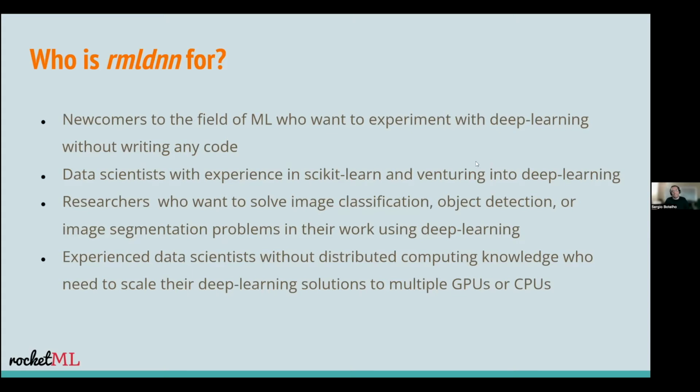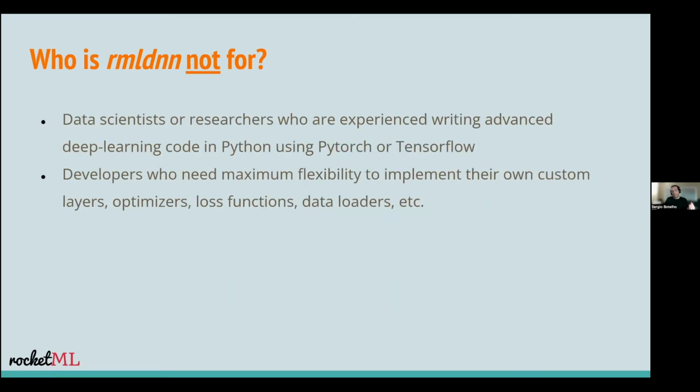Maybe some data scientists with scikit-learn experience, right, that want to learn and start to use deep learning. That's also a good use case. So I'd say a vast range of experiences. Who it is not for, it's people with a lot of experience, right? So maybe very experienced researchers or data scientists writing advanced deep learning code.